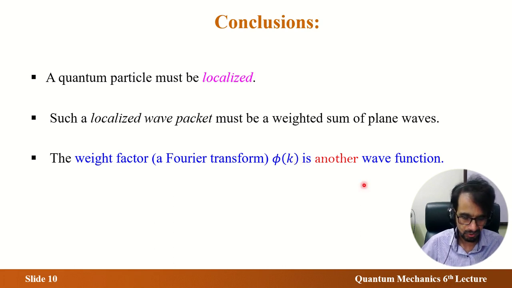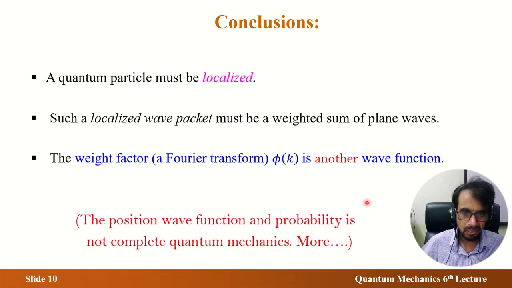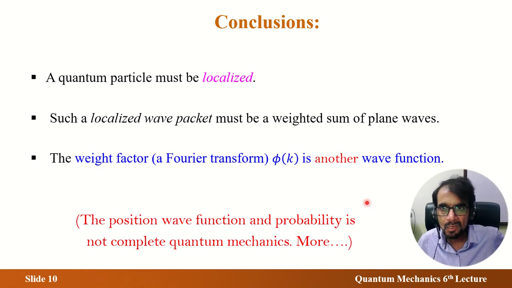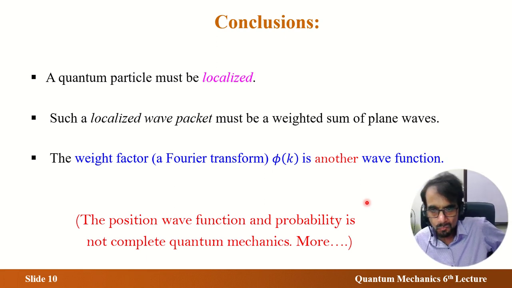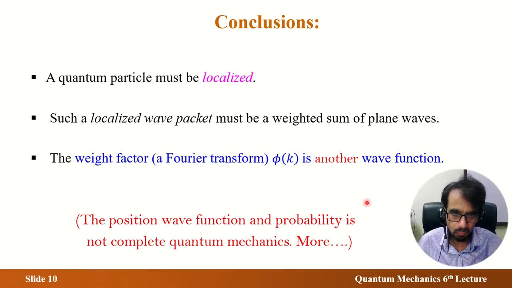So that is another function. What I said in the course initially, I discussed a possibility that the position wave function and probability is full quantum mechanics, and that was actually a question, a possibility, but actually that is not the case. Complete quantum mechanics has other things as well, and an indication is that you have another wave function.